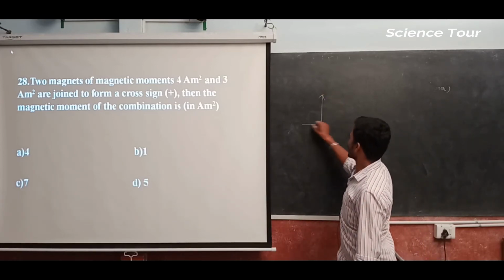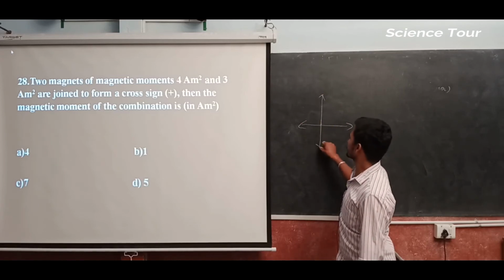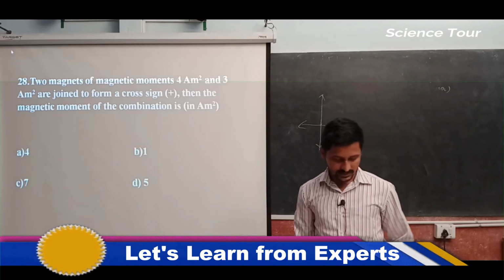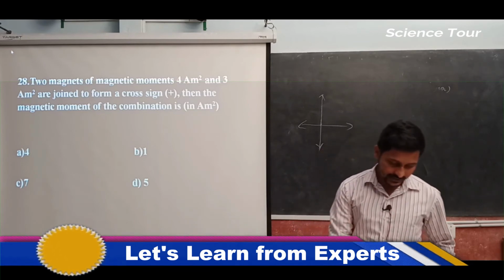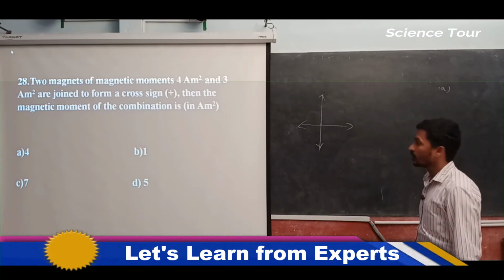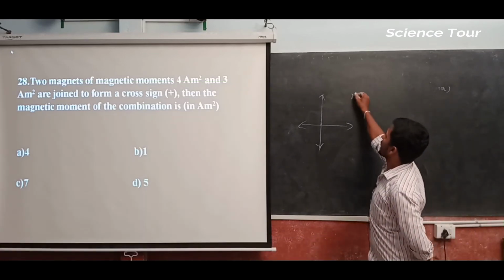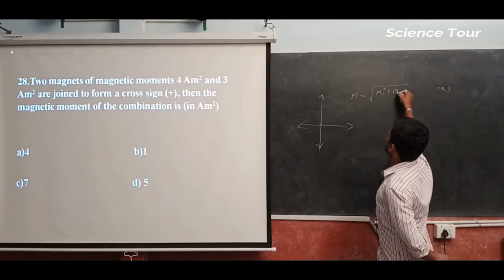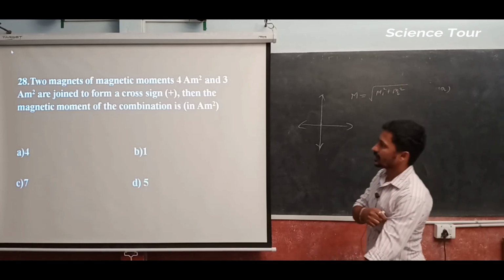One is in this way, one is in this way, right? The net magnetic moment becomes 90 degree, isn't it? So how can we find it out? Since it is a vector, you are going to get the net magnetic moment as m1 square plus m2 square, with 90 degree.